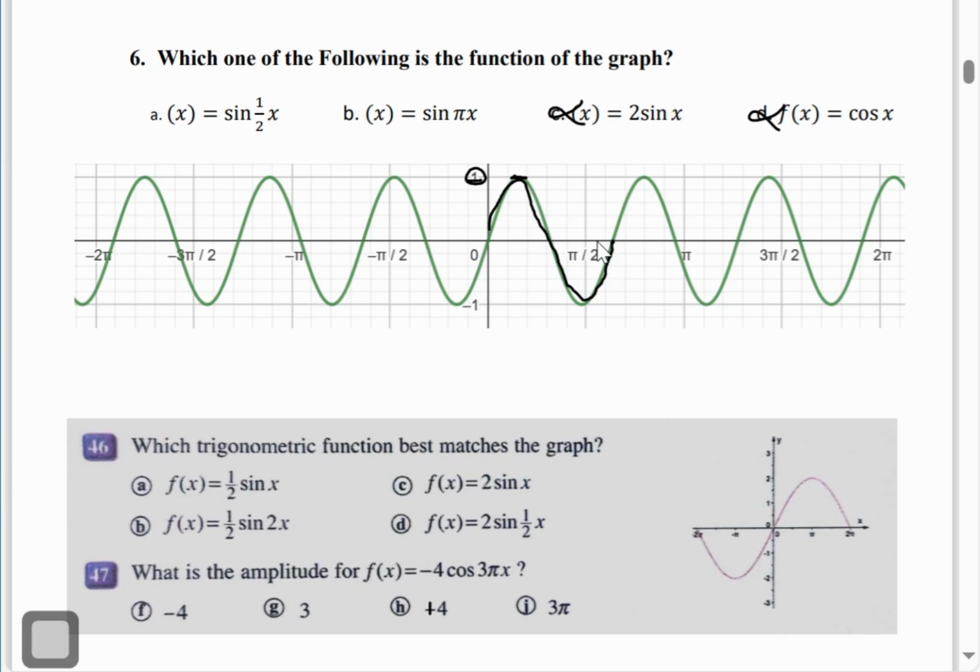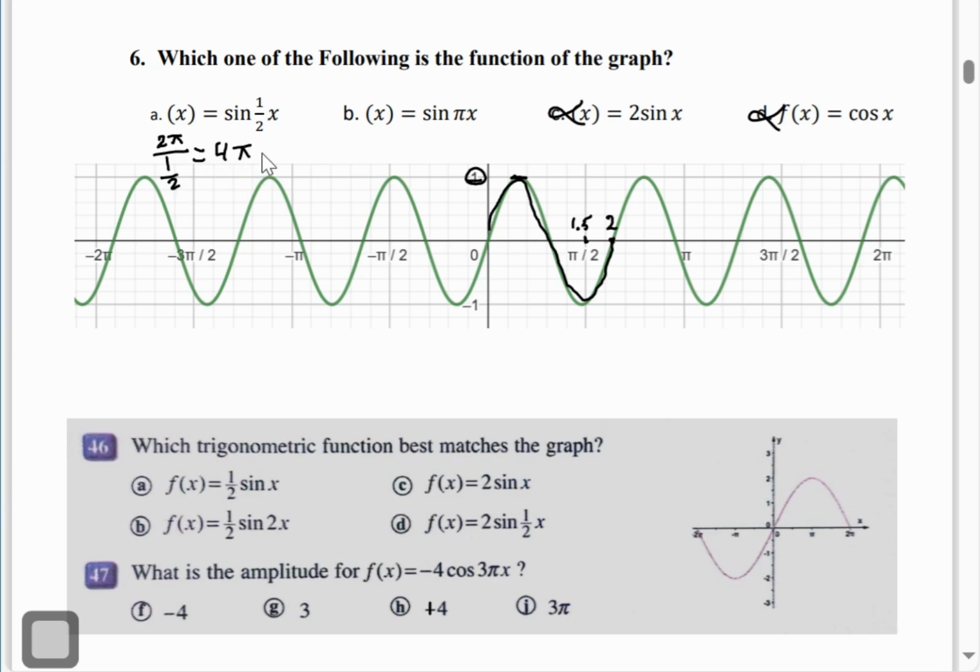So pi over 2 is 1.5 or something. 3.14 divided by 2 is 1.5. Here it may be nearly 2. So it is 2 here. Let's find out which one of these is the true answer. We have the rule of period, which is 2 pi over b, where b is 1 over 2. So 2 divided by half is 4 pi.